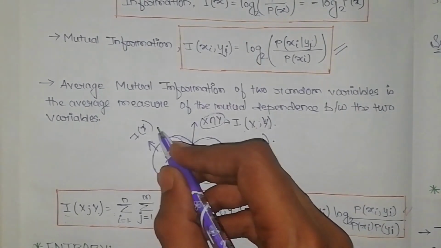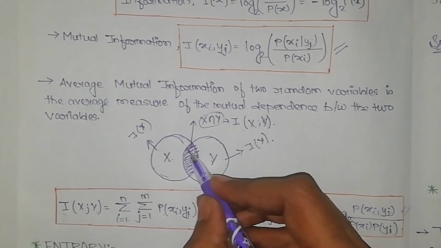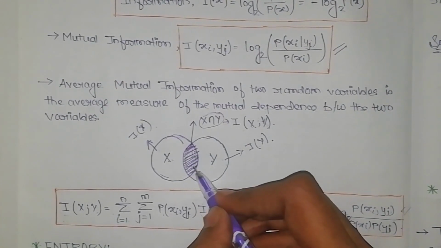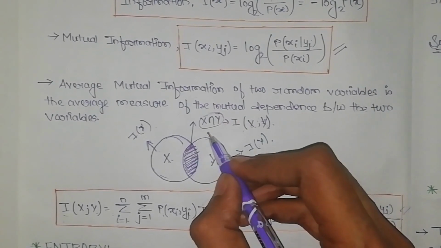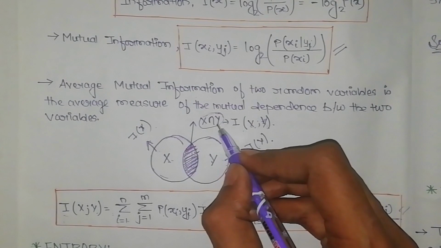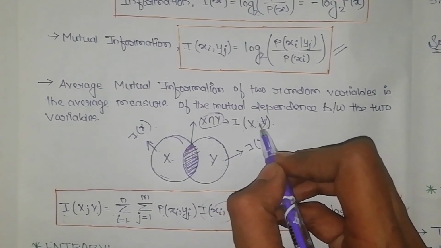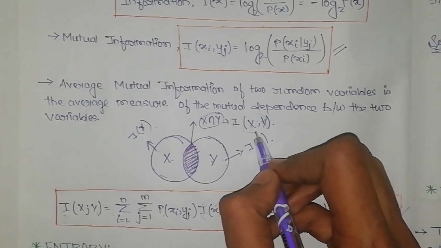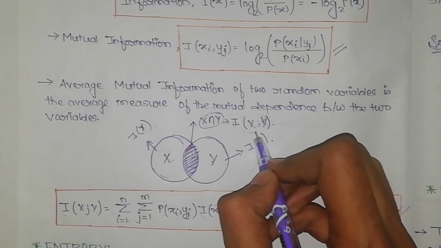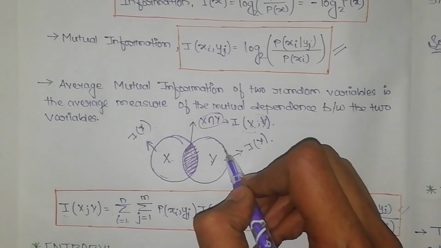X has the information I(x) and y has information I(y). There is a common region as they are overlapping. This common region can be represented as x intersection y, which has the information capital I of capital X comma capital Y. This I(X,Y) is nothing but the average mutual information, as it is mutual to both the variables x and y.